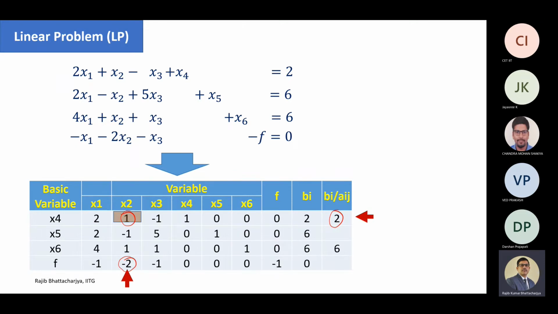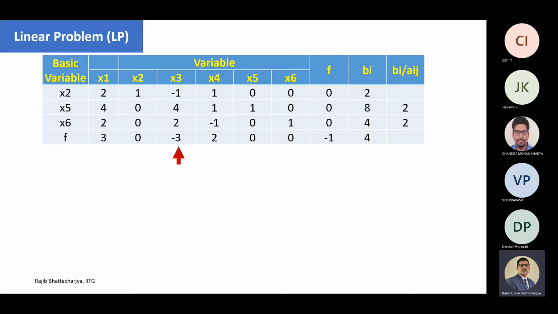In the next table you can see that this is 1 and all of them are 0. Now this is the maximum negative value, therefore x3 is the incoming variable. So x3 will come into the basis, and then you calculate the ratio. In this case both are equal, that means 2 and 2.